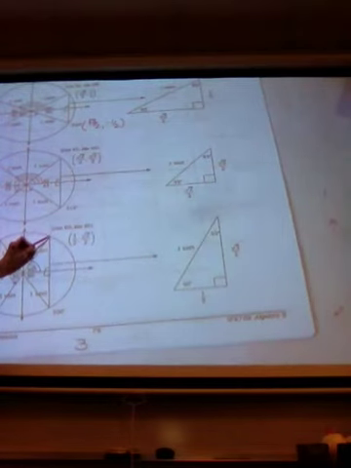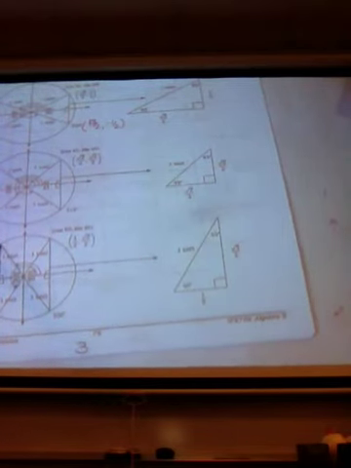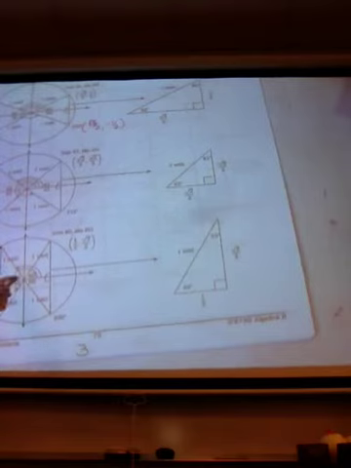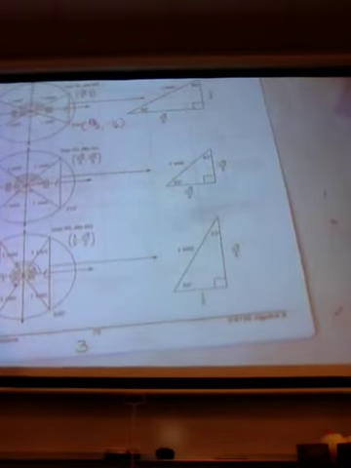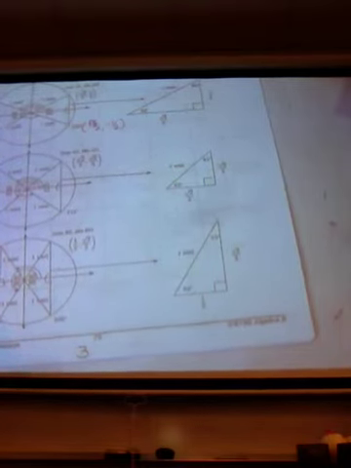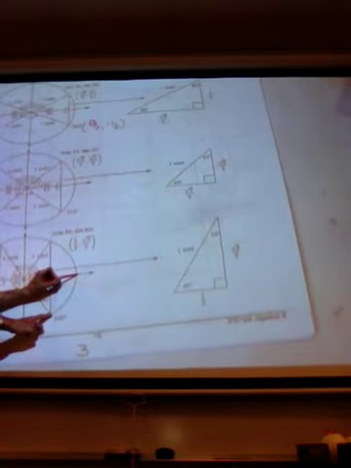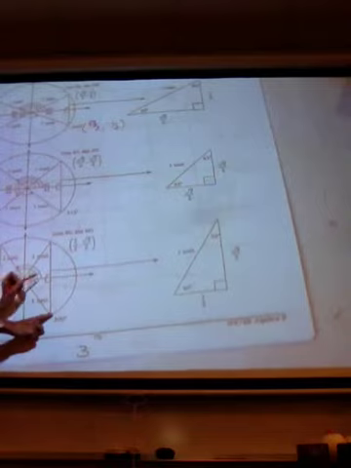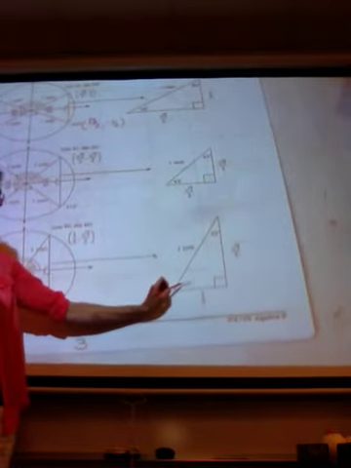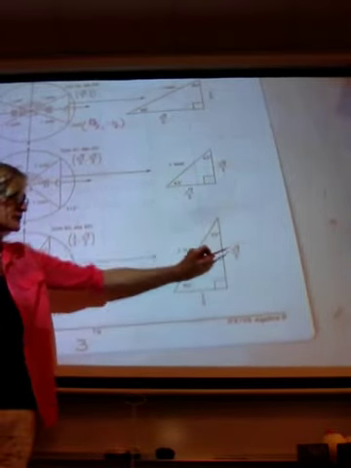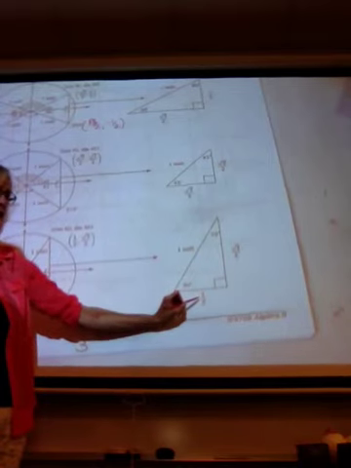In the 60, then this is 120 because 120 to 180 is 60. This would be 240 because 180 to 240 is 60. And this would be 300 because 300 to 360 is 60. Look at your triangle over here. Here's the 60. This is the long leg. This is the short leg.